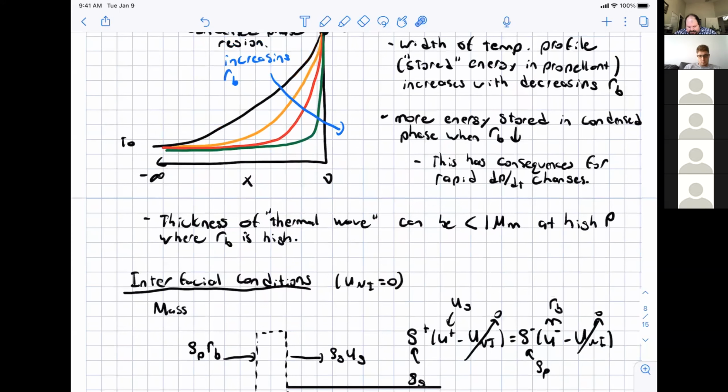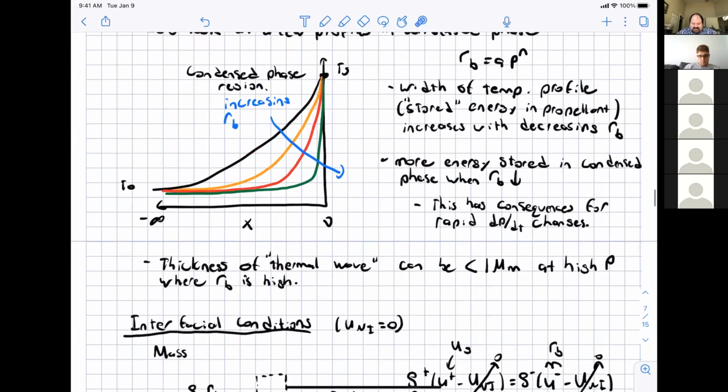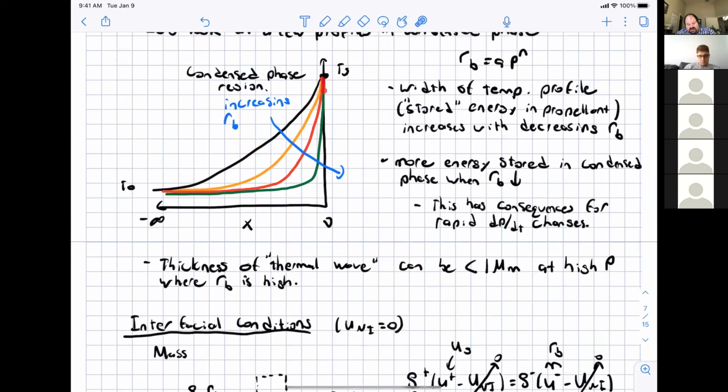And that also has a consequence for igniting a rocket: to stably ignite a rocket, you typically don't do that at low pressure. You need to do that at a raised pressure. The reason you don't do that at a low pressure is because to get it to ignite stably, you need to store all of this energy here inside of the propellant.